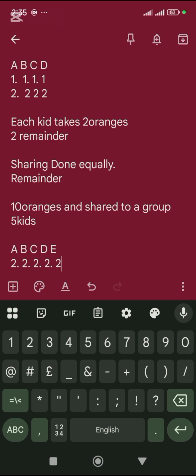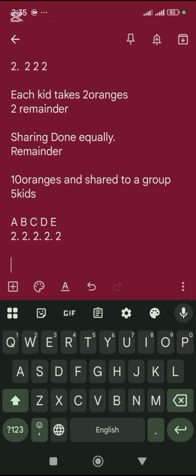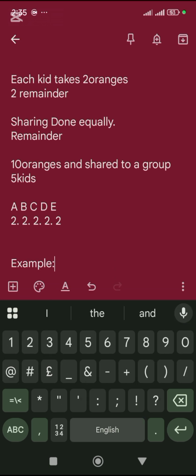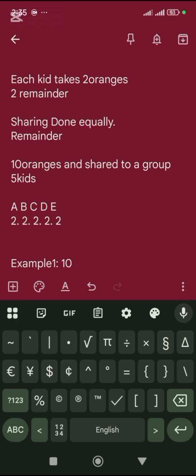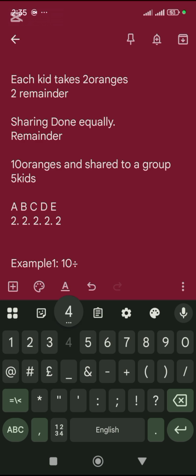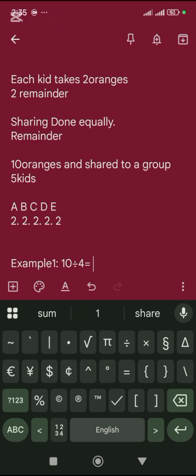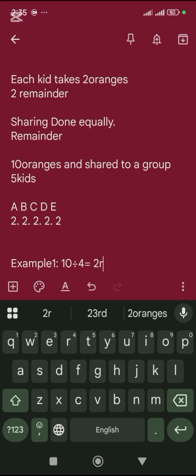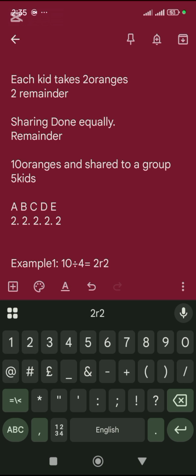In the first example, where we have 10 divided by 4, the answer is 2 remainder 2.